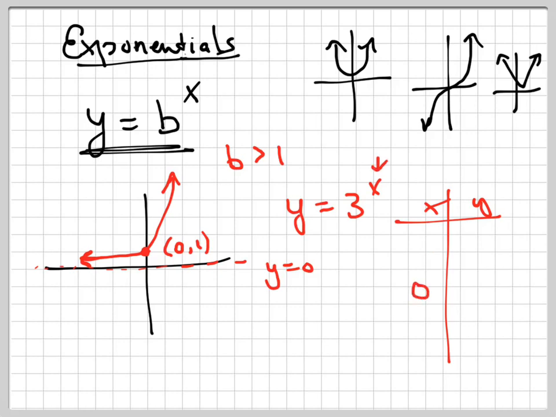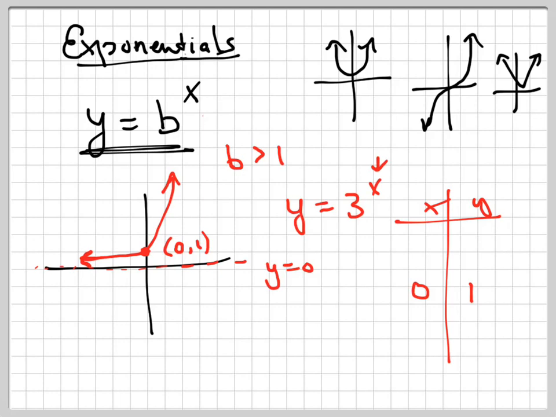What's 3 to the 0? 1. Anything to the 0 is 1. So that's why that point's always going to be part of your basic exponential graph, unless you add something to the outside of it. If it's just b to the x, you're always going to have the point 0, comma 1.